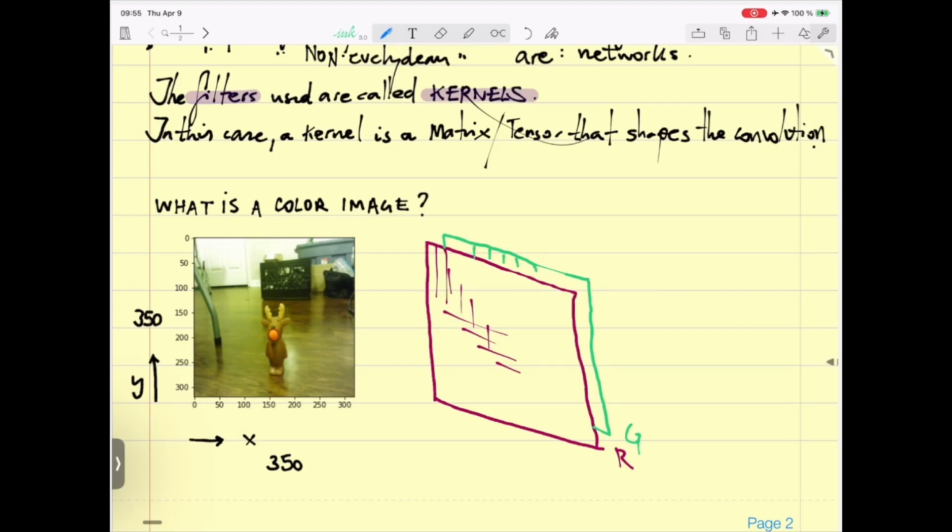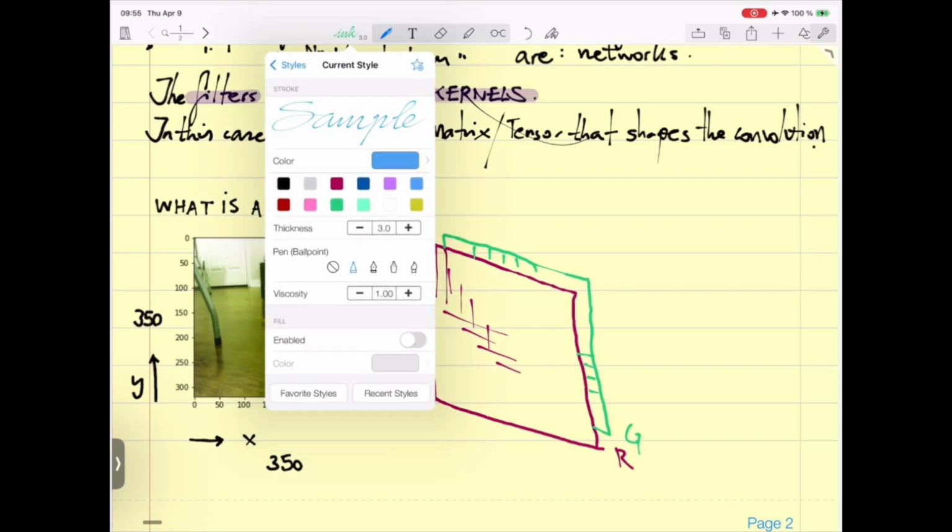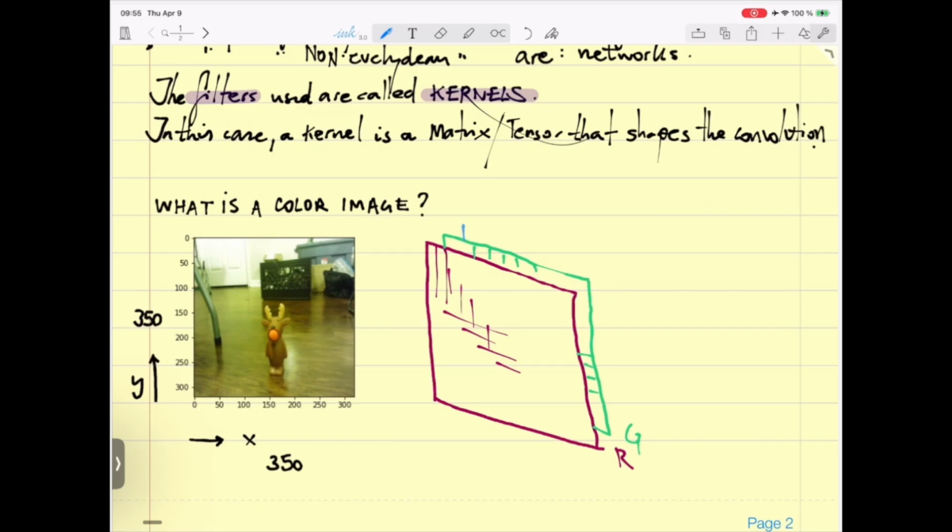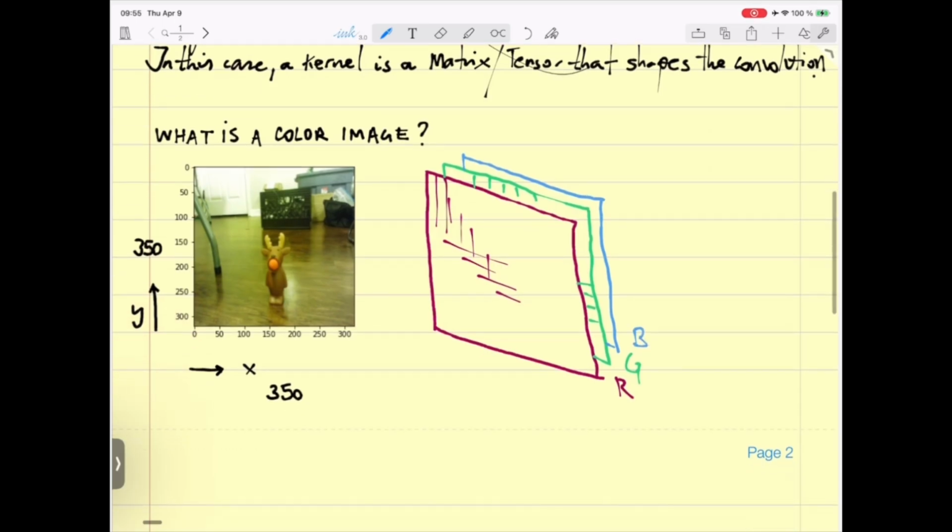Again, exactly the same number of dimensions, and then there is a blue channel. So the image in reality is like a cube, like a tensor that has 350 pixels on the x, 350 pixels on the y, and then 3 channels. These are the 3 channels, RGB.